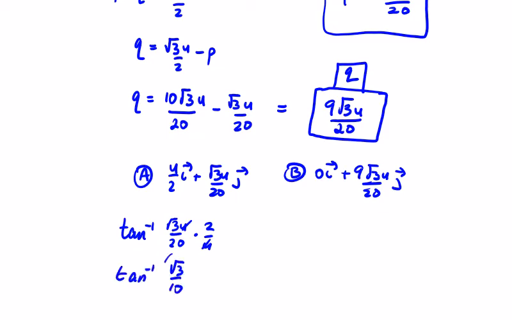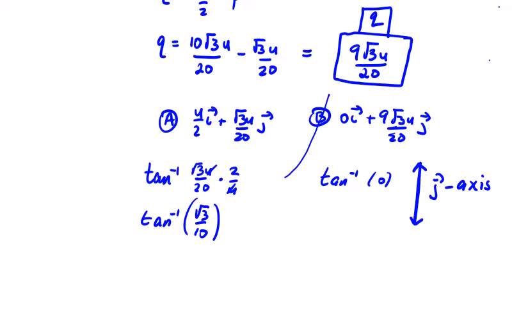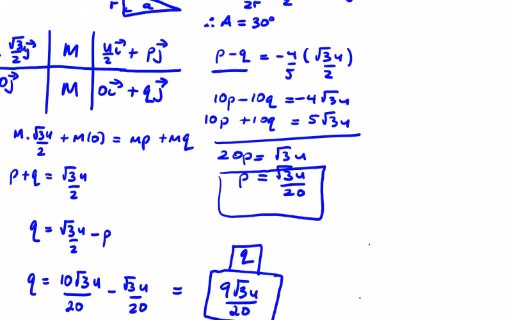The inverse tan of this, and on the other side we're going to have the inverse tan of 0. It's going to be undefined, so this one's along the j-axis, or along the line of centers. The inverse tan of root 3 over 10 works out to be 9.8 degrees. Just double check that, 9.8 degrees. So not a massive deflection.